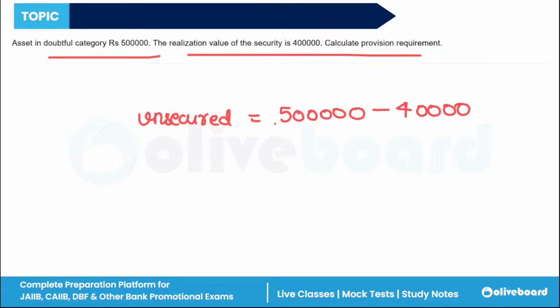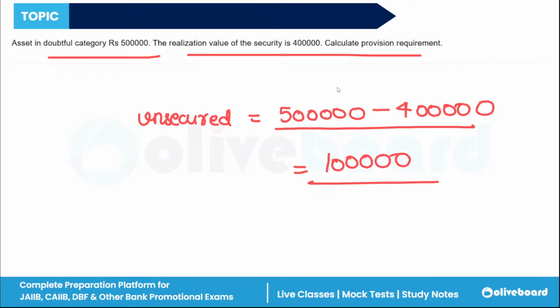The 5 lakh is there and 4 lakh is there. So the unsecured one is 1 lakh, right? Because obviously there is no provision available for that 1 lakh.